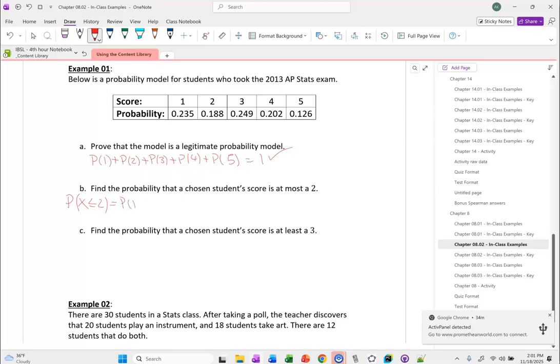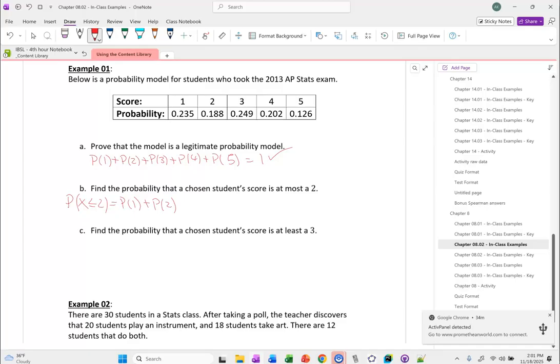P of 1 plus P of 2. Do I need to subtract the intersection of 1 and 2? Why not? What is it called? Or, what else could you call it? Start with a D. Disjoint.